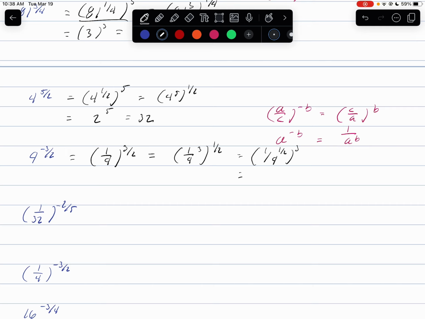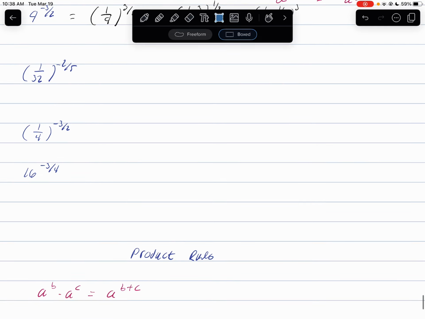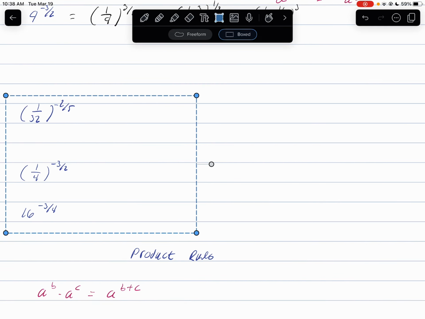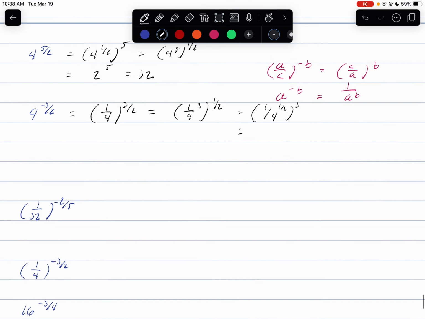Okay, so if we have 1 over 9 to the 1/2, we're taking the square root of 1 over, sorry, we're taking 1 over the square root of 9, because the square root of 1 is just 1. The nth root of 1 is just 1, so we can just focus on the denominator. So this will be the same thing as 1 over 9 to the 1/2 raised to the third.